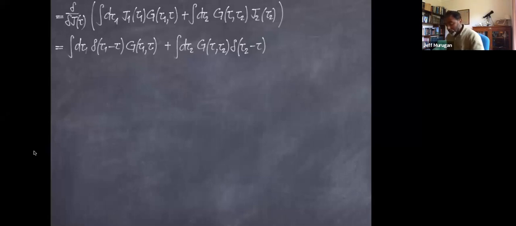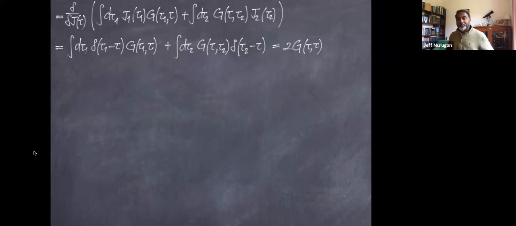Okay. The first integral samples tau 1 at tau, the second integral samples tau 2 at tau. Both integrals are going to give me a contribution that's just the Green's function. And so the upshot of this entire argument is that this is just 2 times g of tau.